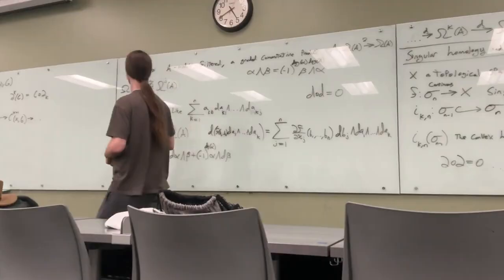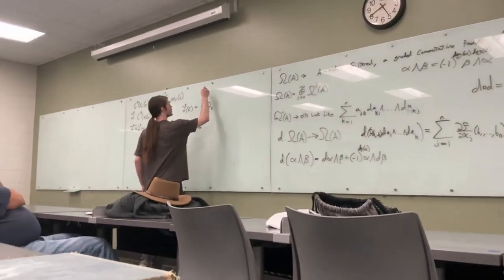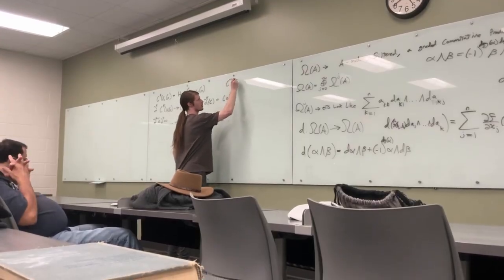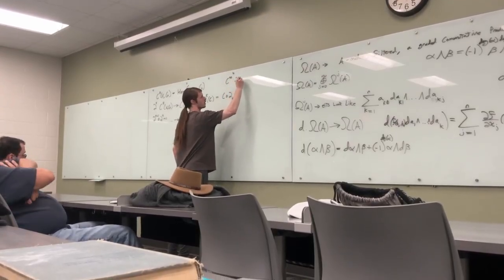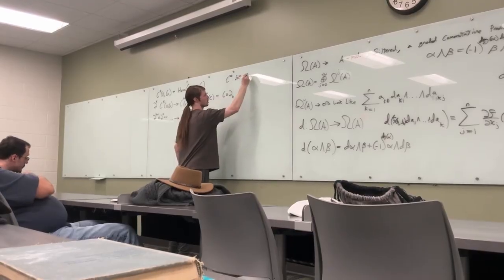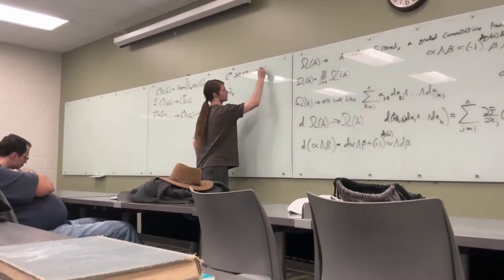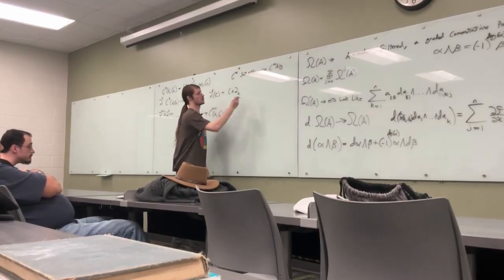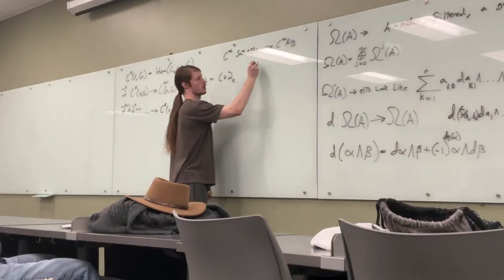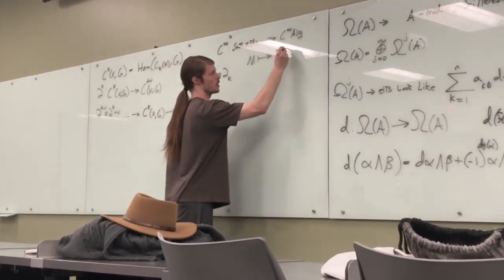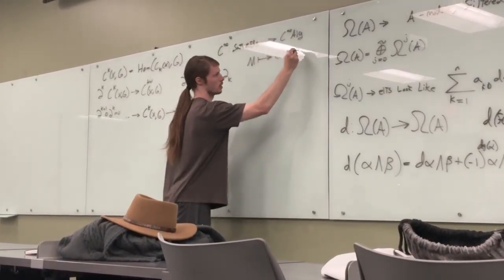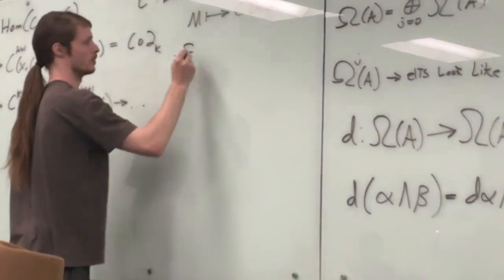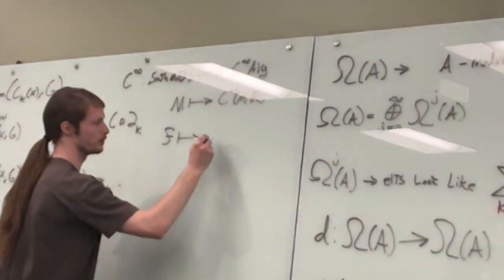You compose it with the functor C infinity, which takes you from smooth manifolds to C infinity algebras by just taking M and sending it to C infinity of M, R, and by taking any smooth function and associating it to its pullback.